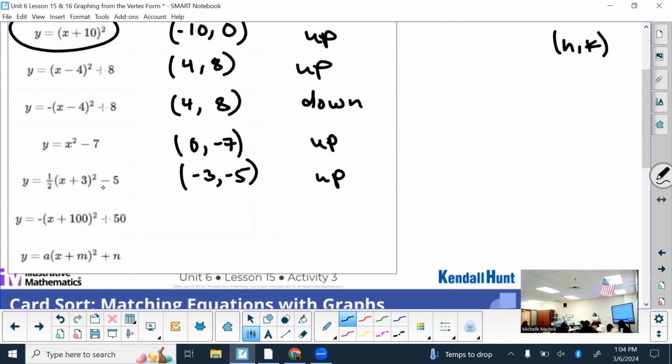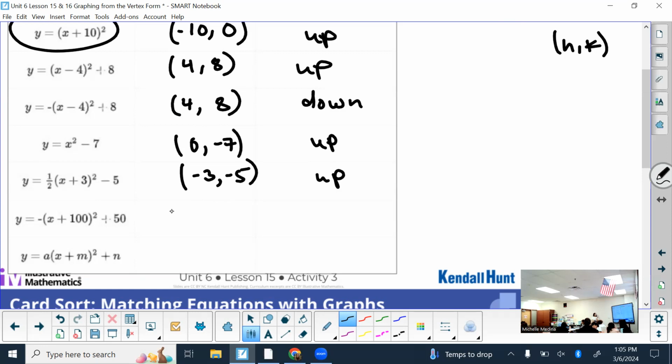The positive or negative part of it tells you if it opens up or down. What does the 1/2 tell us about it? Well, because it's positive, yes, it opens up, but what about that it's 1/2? It makes it wider. Okay, all right, anyway, where am I?